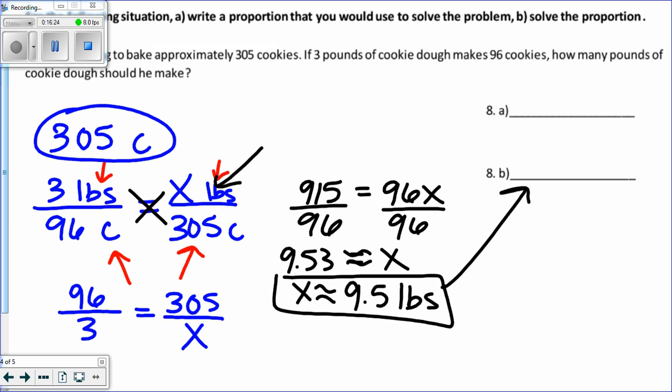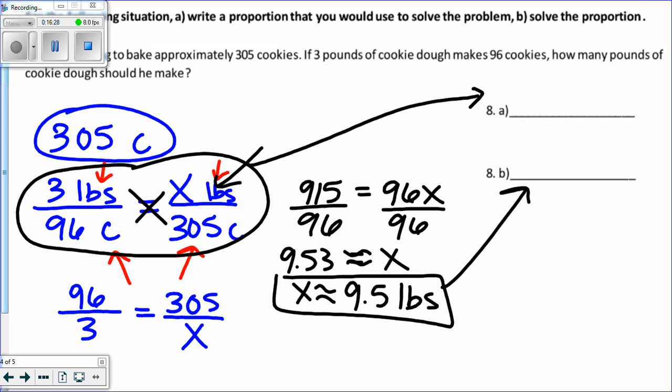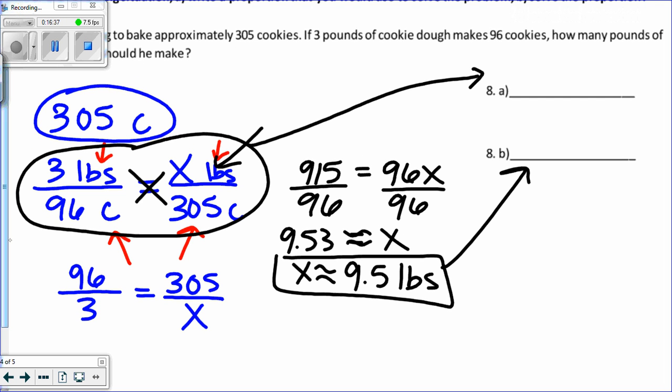Whatever proportion you used goes on part A. And you are done. So again, use the methods that we were showing in class to ensure that you're getting the correct answer. I'm grading you on how well you know the processes we taught in class.